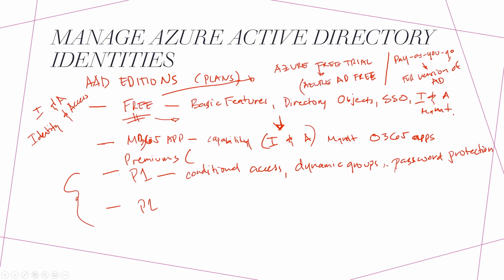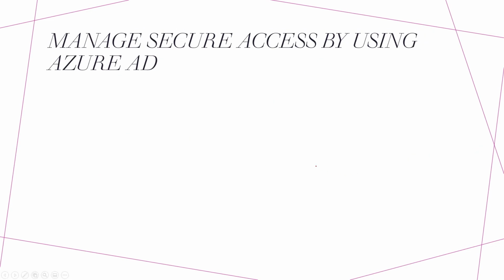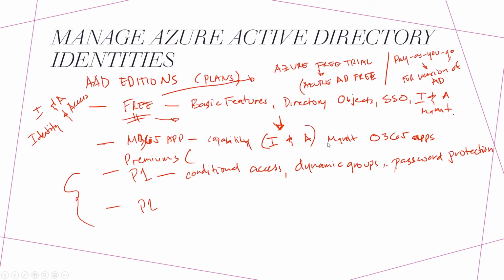When you can do dynamic groups, we'll tackle this later on. With dynamic groups, you can do dynamic users or dynamic devices. That's a very cool feature. I'm going to show that later on.